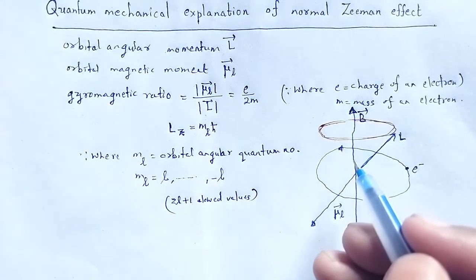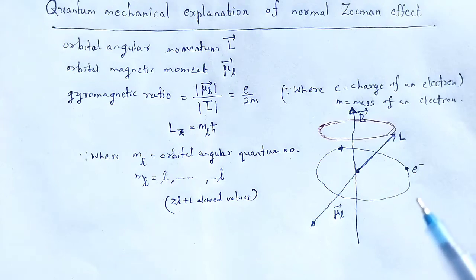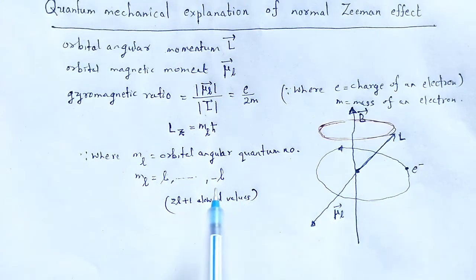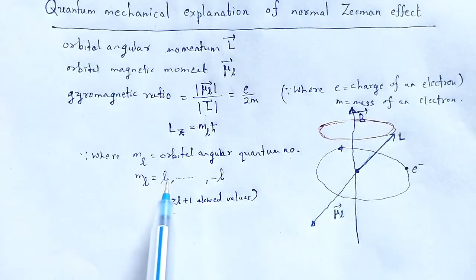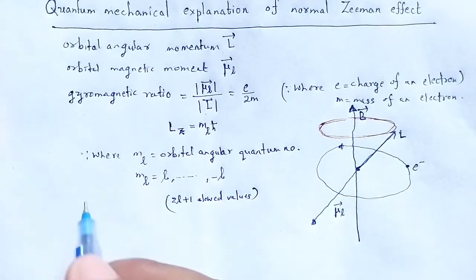That precession is known as Larmor precession, and in the presence of the magnetic field each L level is split into 2L plus 1 levels.